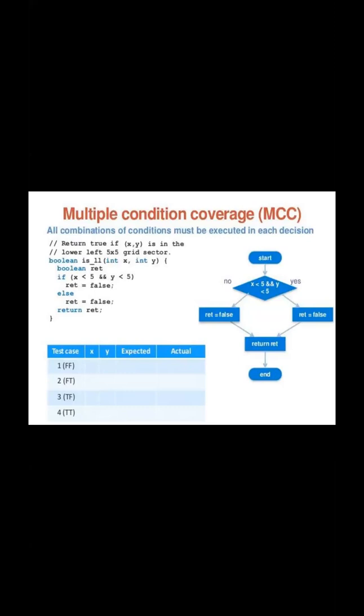Then for the test cases, we'll give the combination of values: false false, false true, true false, true true, and we will note down the expected result and the actual result. If both are matching, then the code is free from bugs. If they are mismatching, there is some hidden error in the logic.